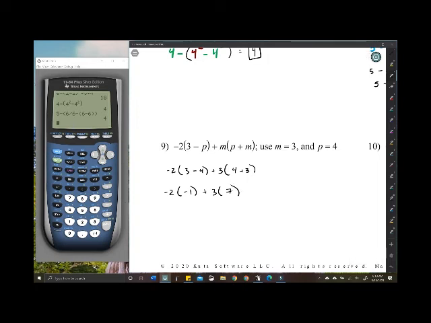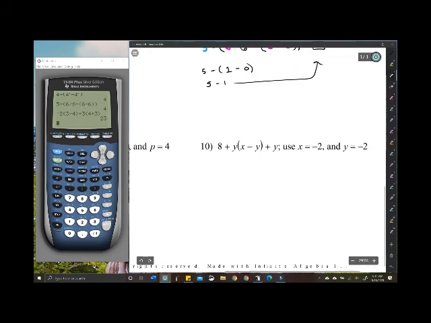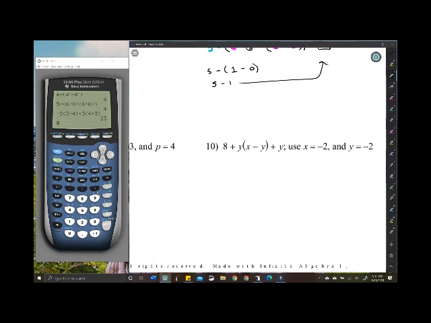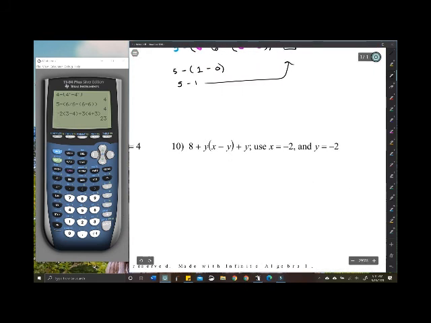Negative 2 times negative 1 is going to be positive 2 plus 21 is equal to 23. So again, take your time. 3 minus 4 plus 3 times 4 plus 3, 23.